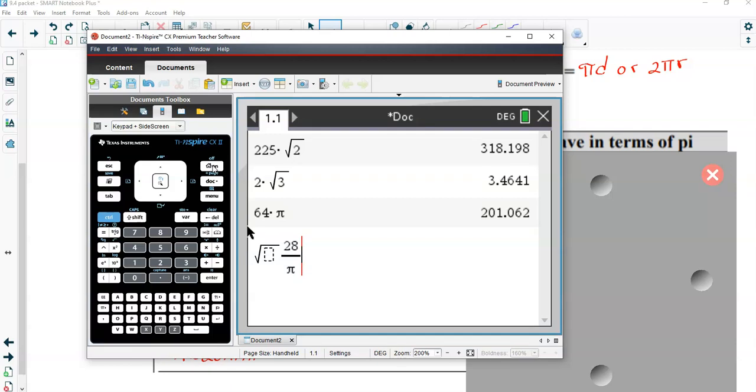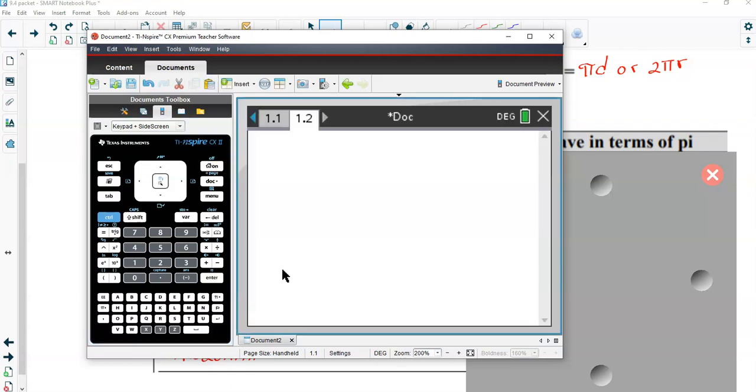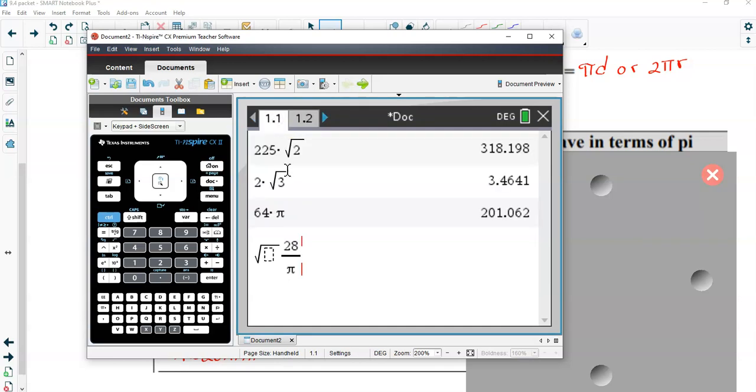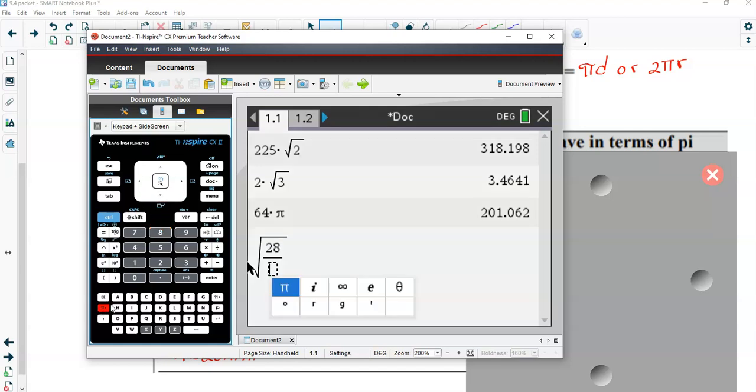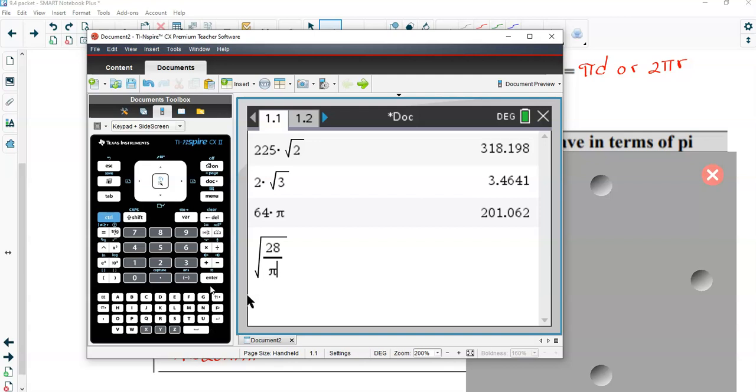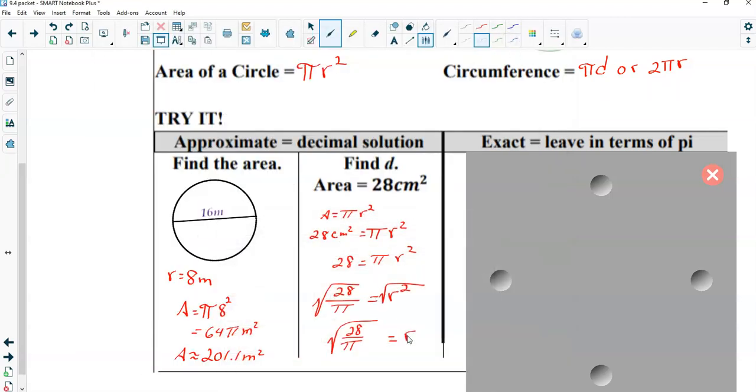Let's take this out, and over here I'm going to put the 28 divided by pi. Enter, and that will give me about 2.98 or 3, right? So approximately 3 is the radius, approximately 3 centimeters.